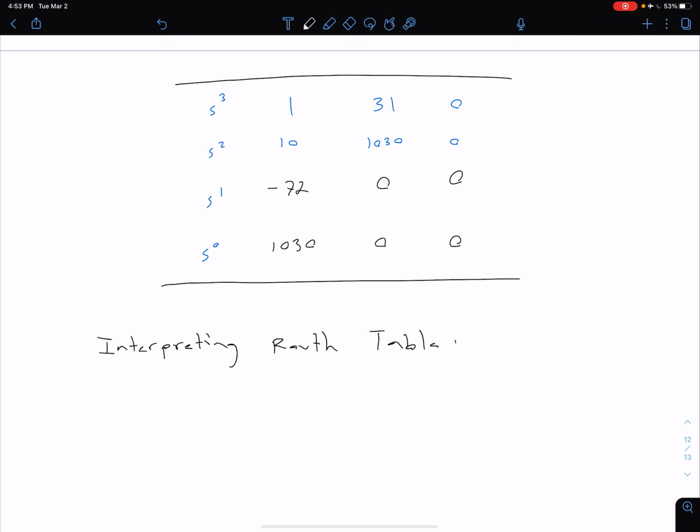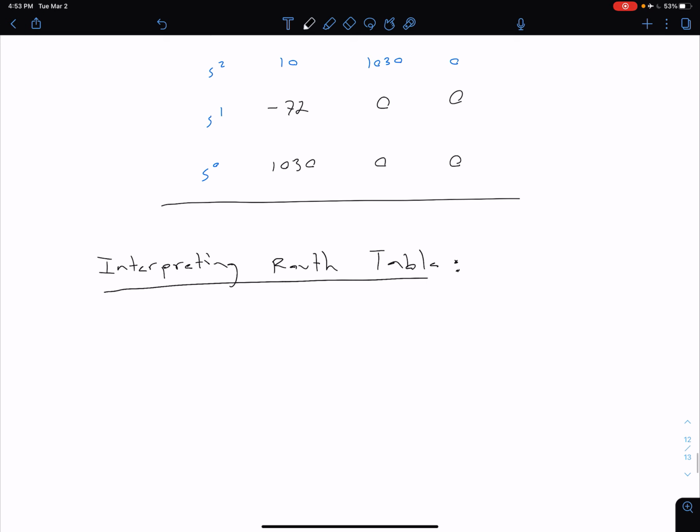So it turns out it's pretty straightforward, and we're going to talk about some exceptions to this case, or how we deal with odd cases, in some later examples. But basically all we're looking at is the number of sign changes in the first column. So the number of sign changes in the first column is going to be equal to the number of poles in the right half plane.